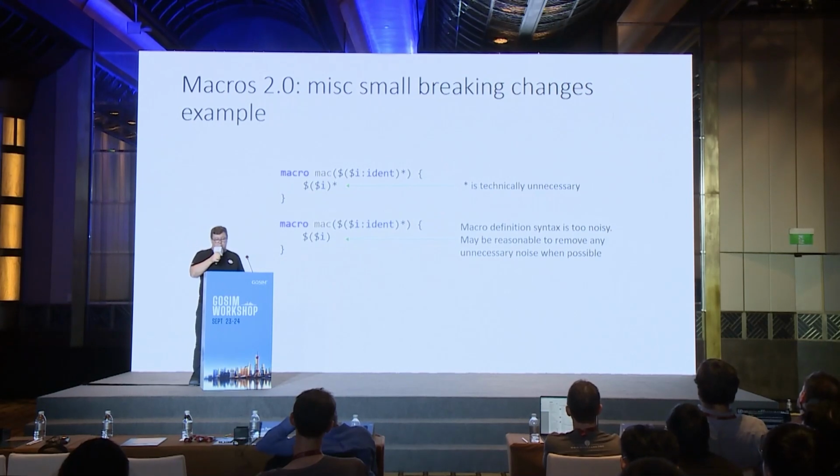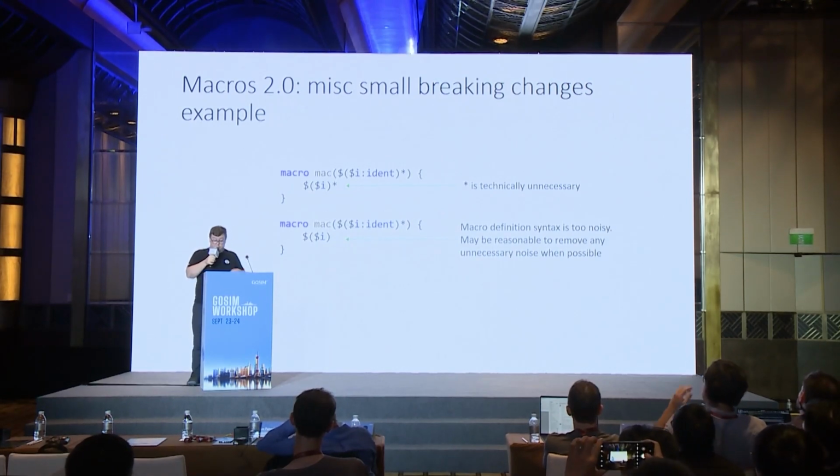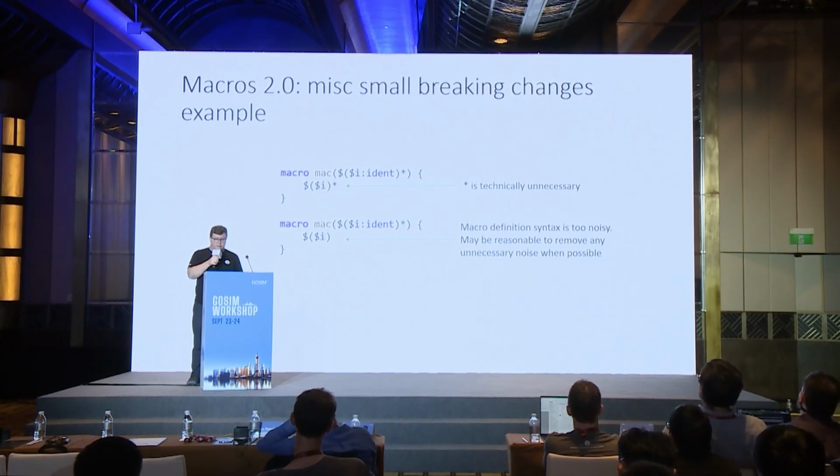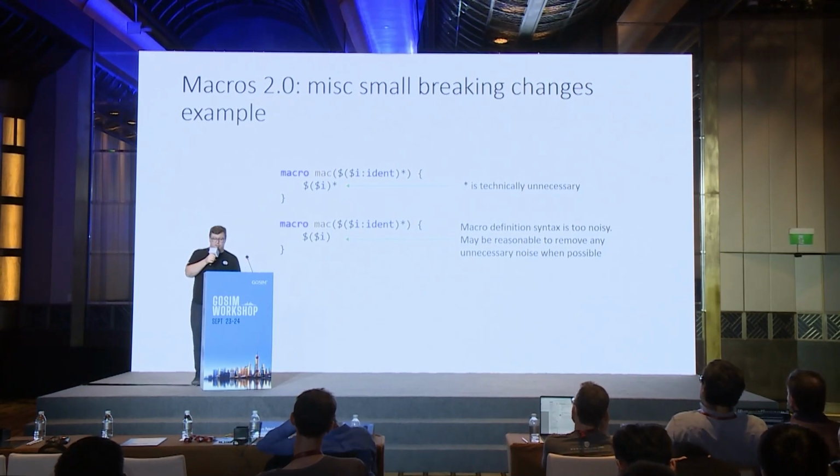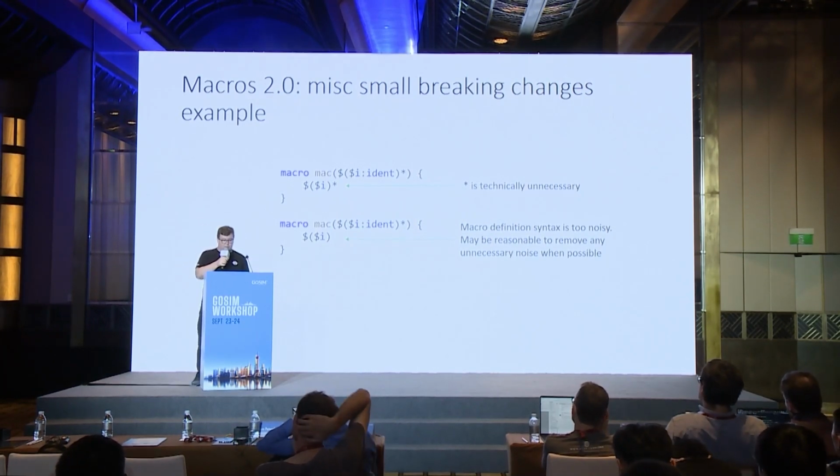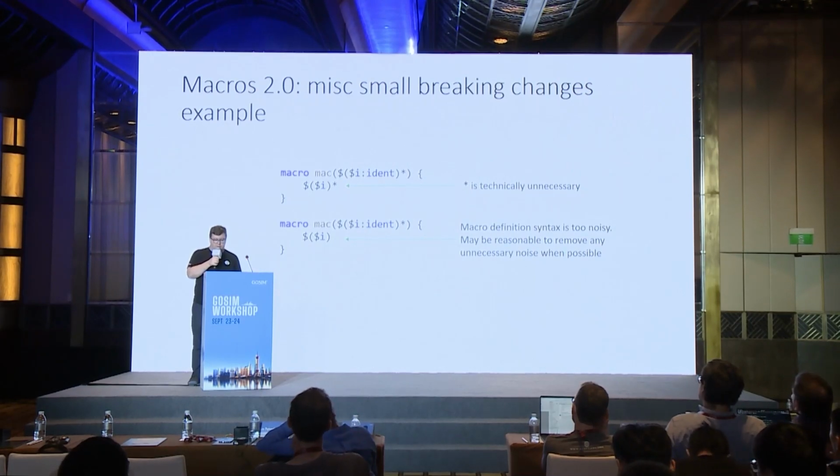And besides input matchers, there are also some small breaking changes possible. For example, the sequence transformers. Currently, the syntax looks like the example above, but technically the star is not necessary. You can already produce the output without that star.